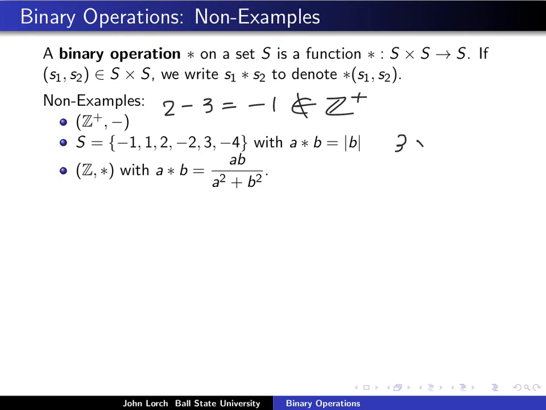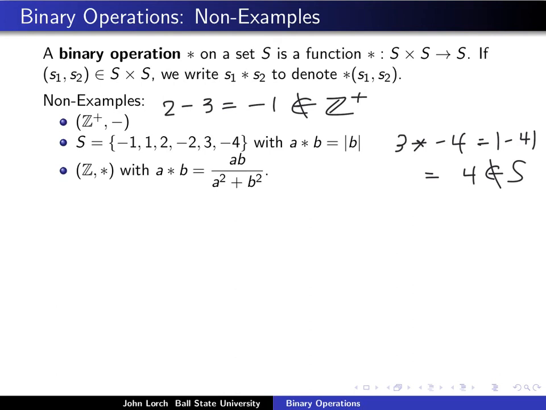So for instance, if we were to take 3 star minus 4, well, that tells me that I'm to take the absolute value of minus 4 as my result, and that just gives me 4. But if I look in the set S, I don't see 4 as an element. So 4 isn't in S, and therefore this operation is not binary.